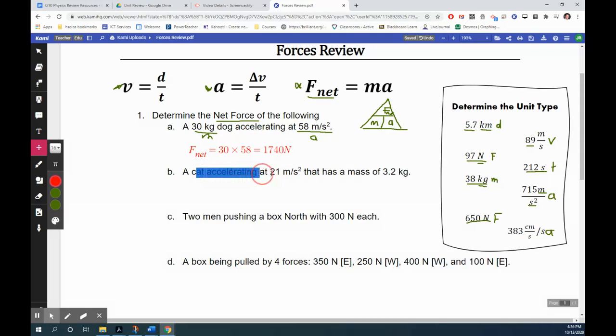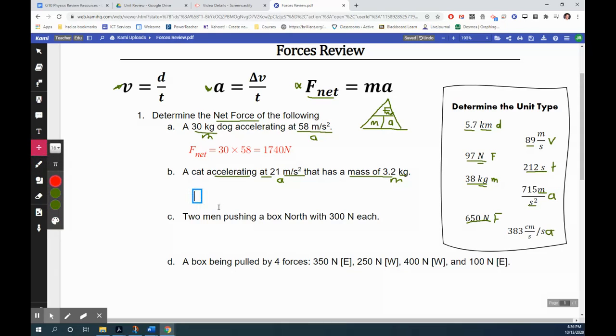A cat is accelerating at 21 meters per second squared, and it has a mass of 3.2 kilograms. If that's the case, what do we know? We know our acceleration, and we know the mass. We know it because of the units, and it says mass of, accelerating at, and meters per second squared. Lots of hints.